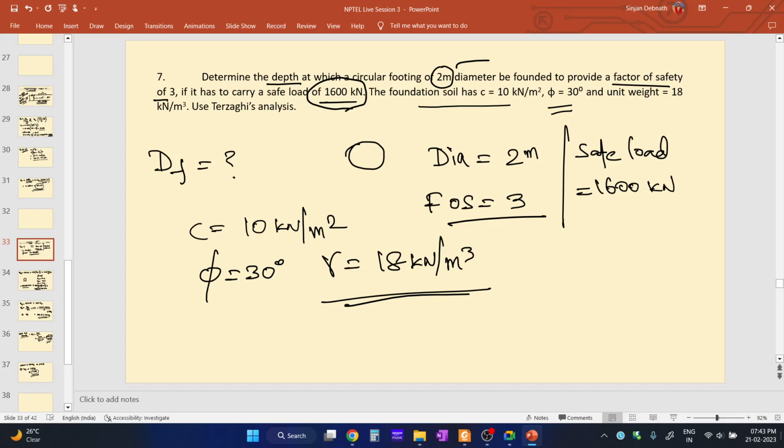See, I am explaining this once again. In this problem, we have been asked to carry a safe load of 1600 kilonewton.